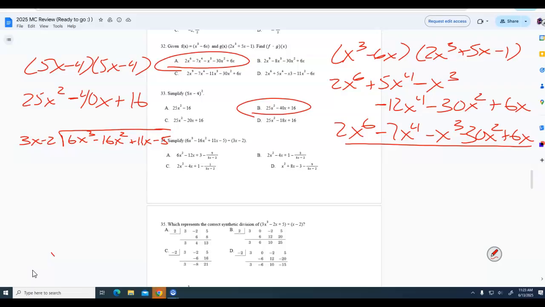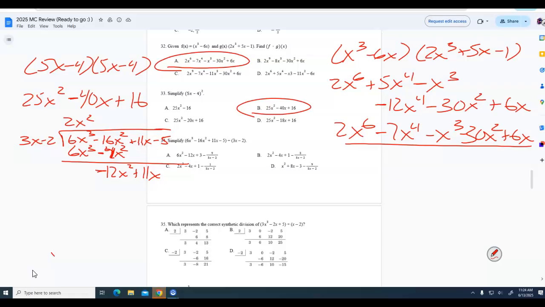What times 3x gives you 6x cubed? 2x squared. We multiply, and then we subtract. Negative 16, whoops, this should be a 4. Negative 16 minus a negative 4, negative 12x squared plus 11x.